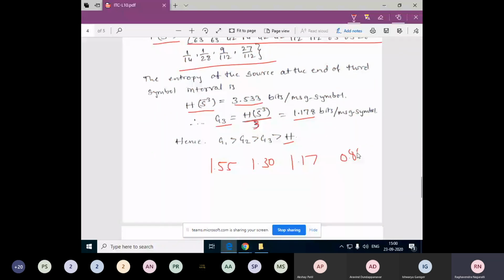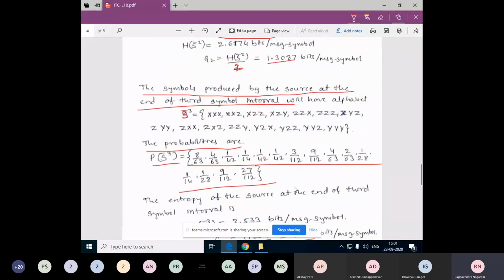Okay, now you can see. So this G1 value is greater than G2, which is greater than G3, which is greater than H. So this is what we need to prove, and hence it is proved here using these equations.